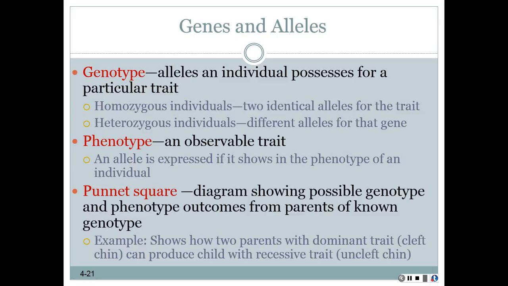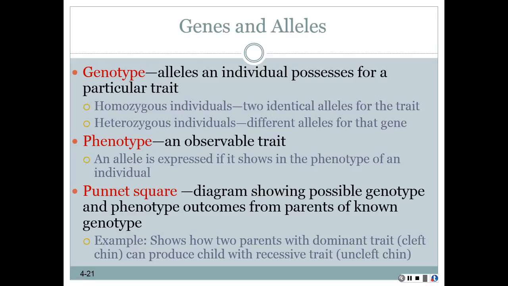The only way most recessive alleles can be expressed is if an individual inherits them from both parents. Recessive traits can skip from one generation to the next. A diagram called a Punnett square shows how heterozygous parents can produce a child with a homozygous recessive trait.